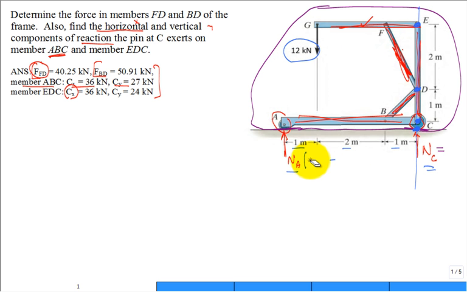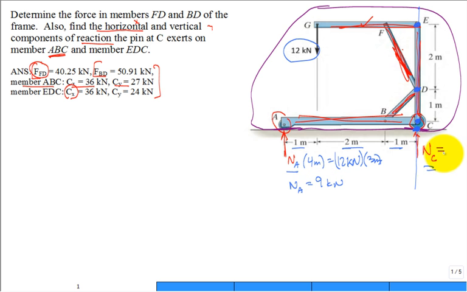N sub A times our 4 meters, that makes it want to rotate clockwise, is equal to 12 kilonewton times its moment arm of just 2 plus 1, 3 meters. And you solve for N sub A, and it comes in at 36 divided by 4, 9 kilonewton.